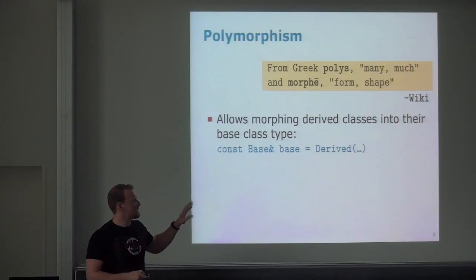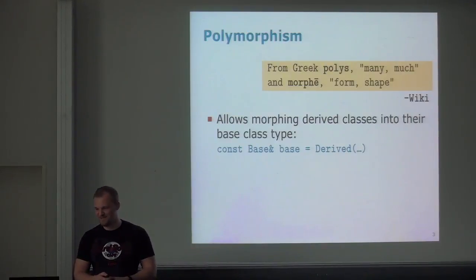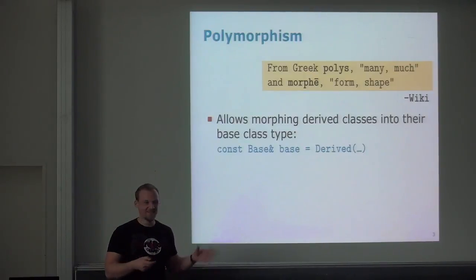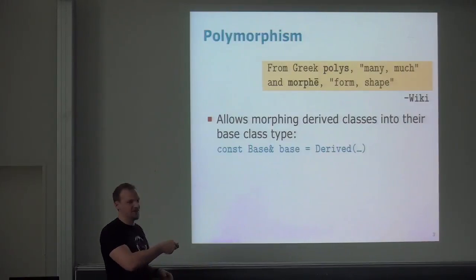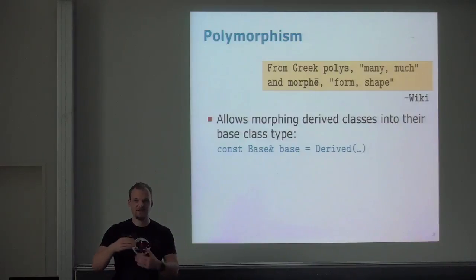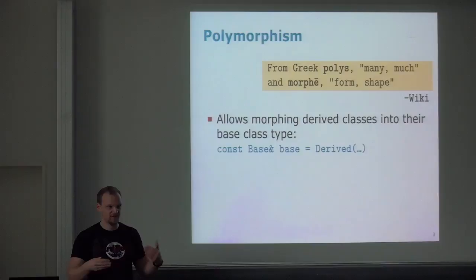So probably I should have put the awful code guy on this slide. I probably will update the slides with that. The idea is that this is a different class from this one, and the only reason why we can do that is because they are in a hierarchy, in a relationship of one being a child of another. The derived is a child of the base class.